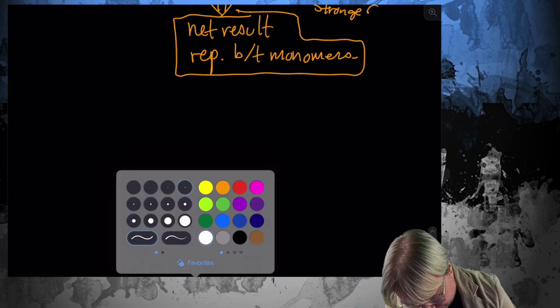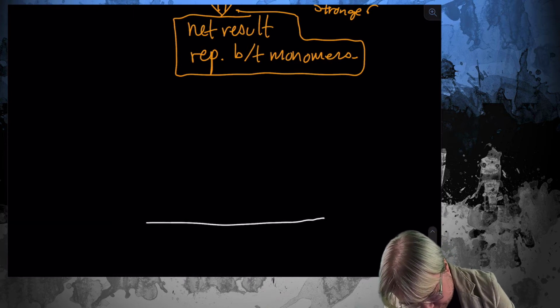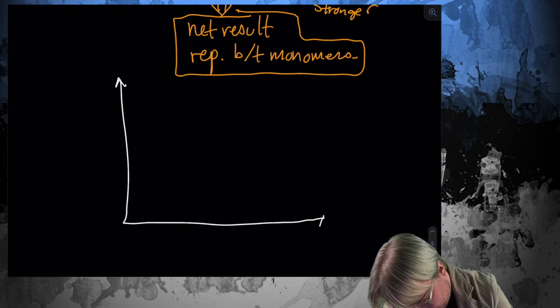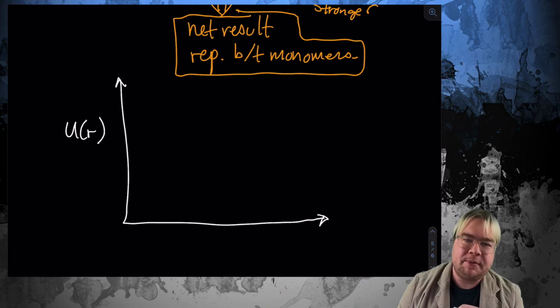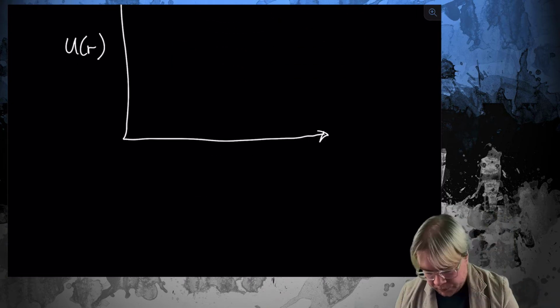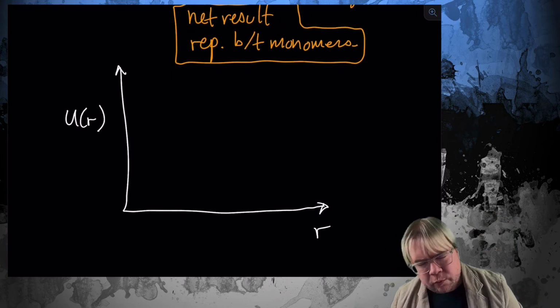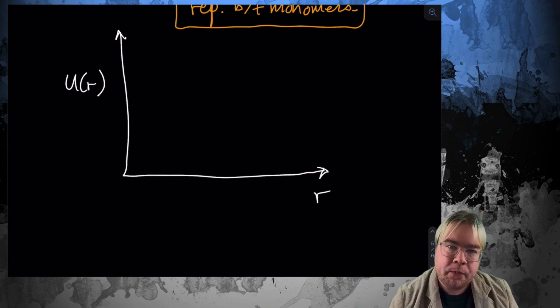And in general, we can draw what this looks like if we consider the interactions to be represented by U(r). That's the potential between two monomers, and this is the distance. We can look at a couple of limiting cases.